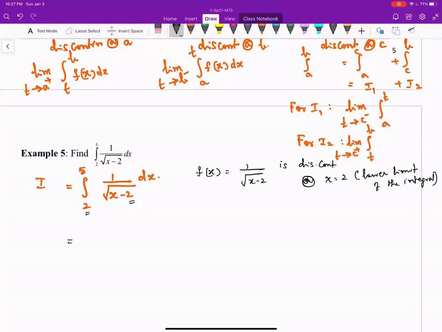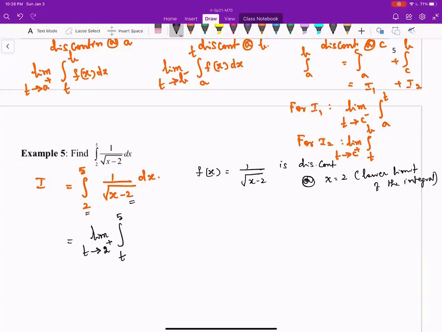So what do we do? 2 is where the vertical asymptote occurs. So wherever the discontinuity is, we call it t, integrate from t to 5, and take the limit as t approaches 2. Now you have to decide whether it approaches from the right or left. If the discontinuity occurs at the lower limit, you will use 2 plus.